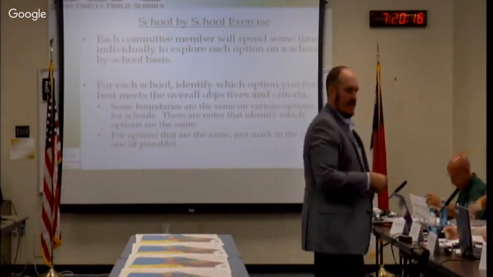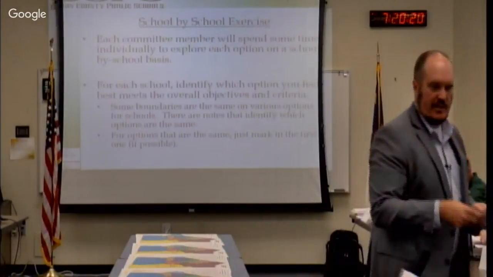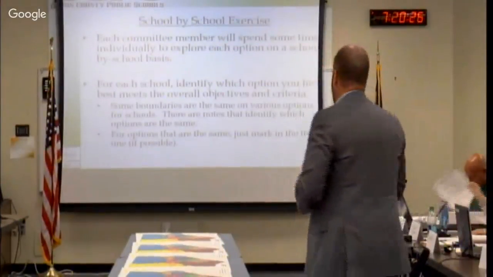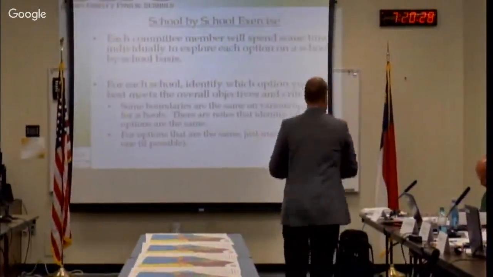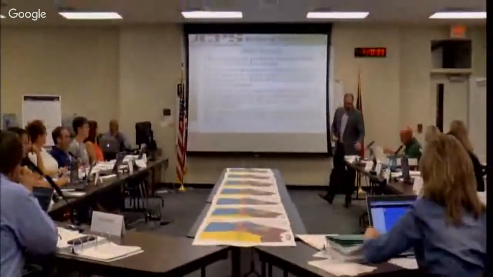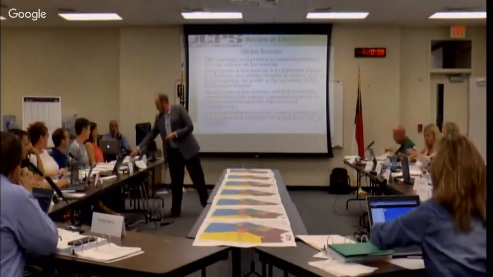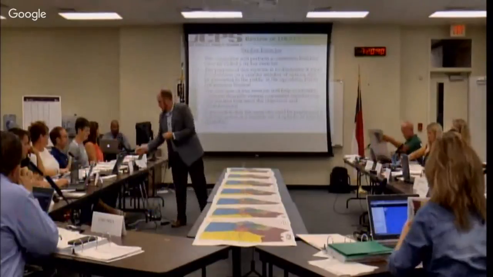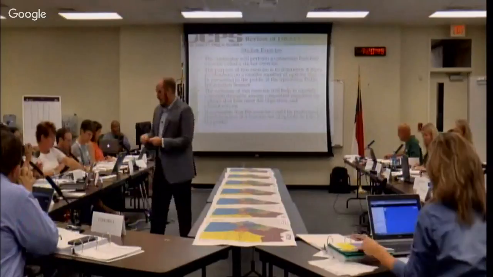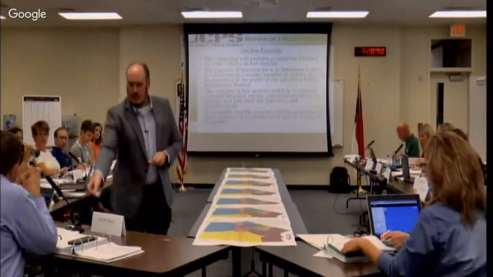So the next exercise kind of goes in line. You can build off of the things that you've studied so far. What we do is we call this a sticker exercise. Sometimes in some places I call it dot democracy, and it's basically an exercise that helps us see if there's some consensus among the group without having to cast a formal vote.